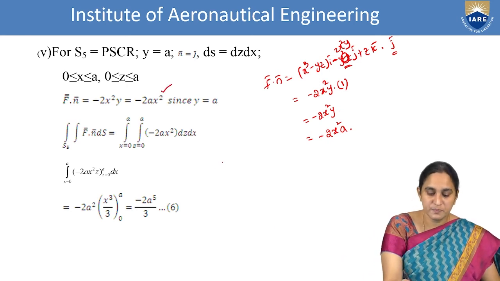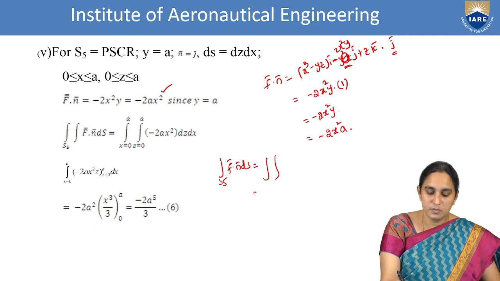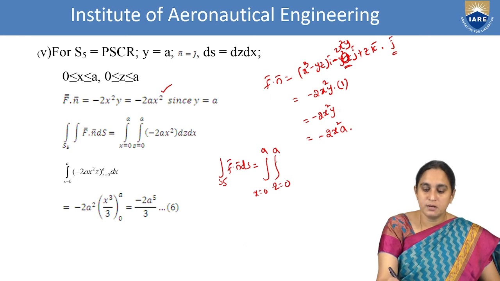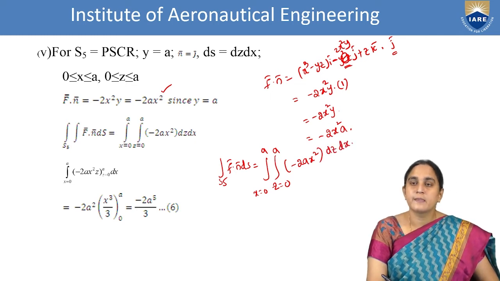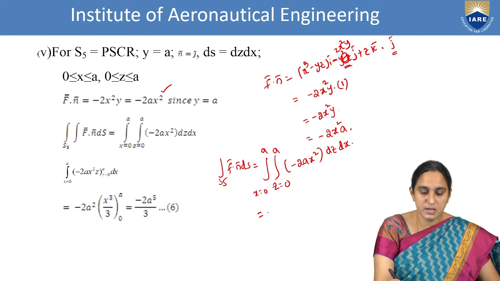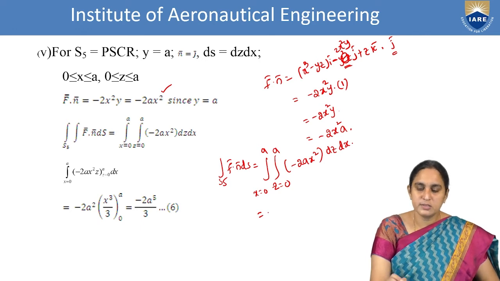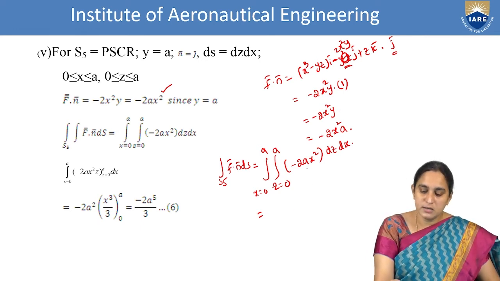Okay, therefore, integral of S5 f bar dot n bar ds is equal to double integral of x is 0 to a, z is equal to 0 to a, and what about f bar dot n bar? Minus 2a x square into dz dx. From that, integrate either with respect to x or z first. Here, first I will integrate with respect to z, that is minus 2a into x square into z.